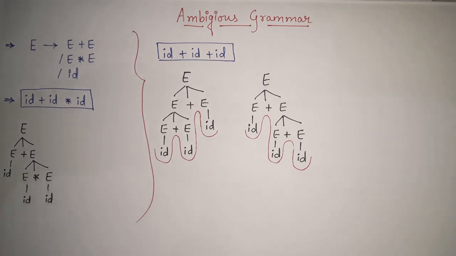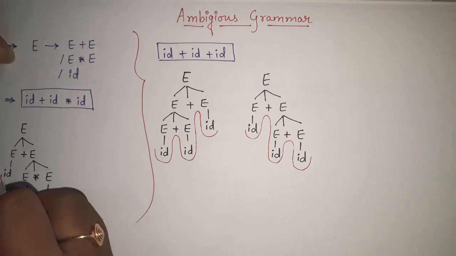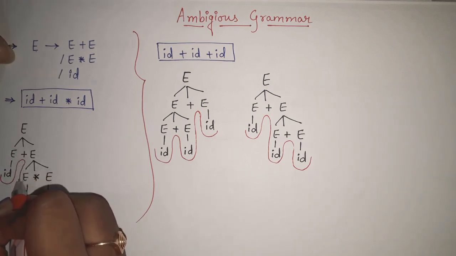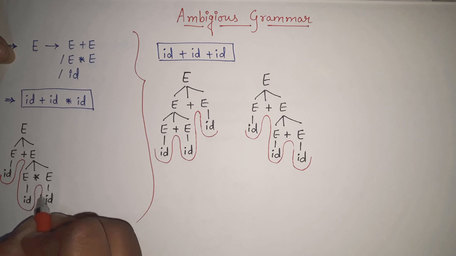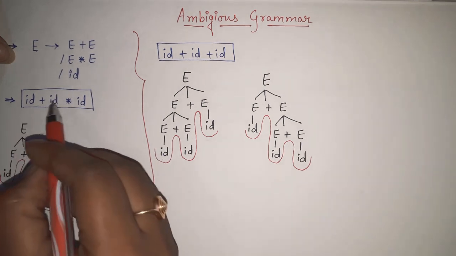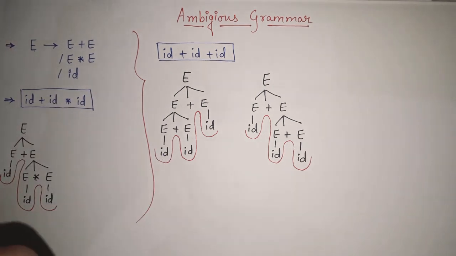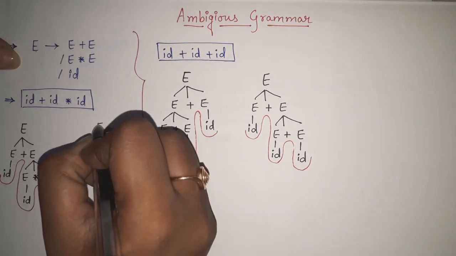So if I see the root, what I am getting is id plus id star id. I am getting the required string. Now let me try if I can get any other kind of tree or not.